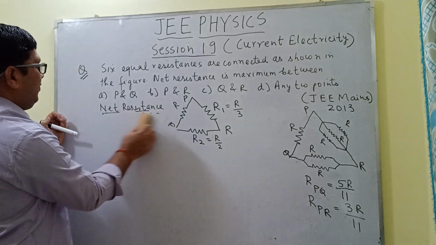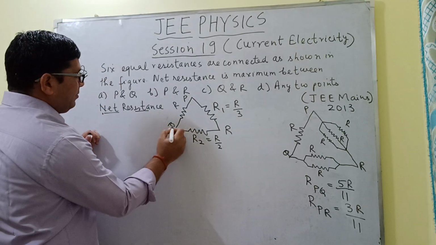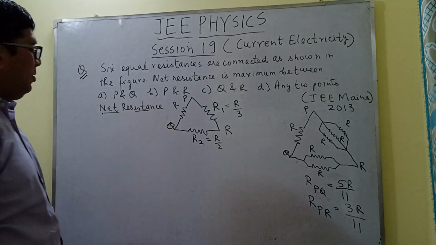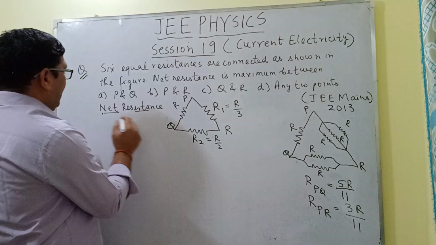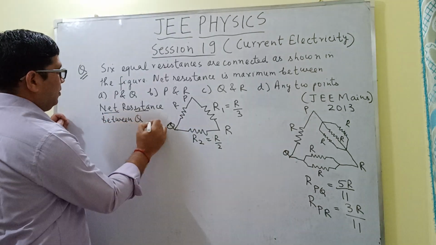Now the third case is, now we have to find the net resistance between the point Q and R. Okay, so net resistance between Q and R.